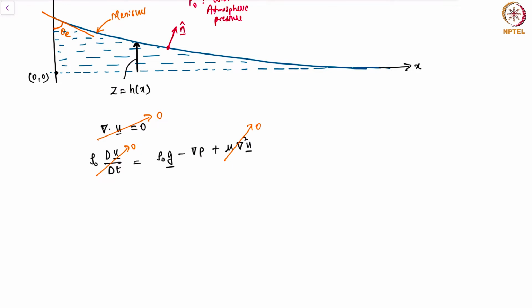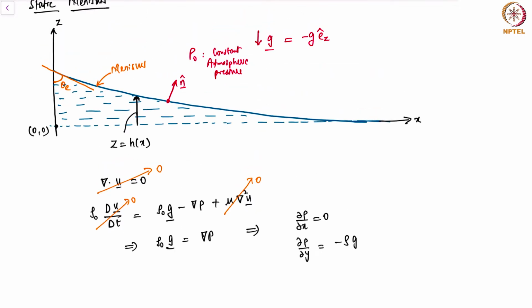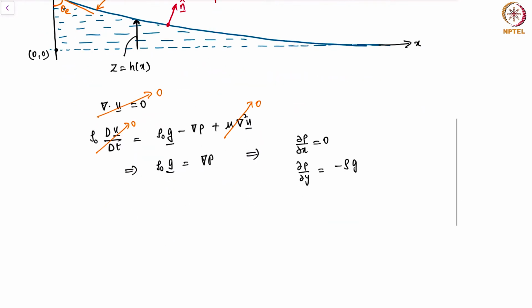And therefore what we end up having is rho naught times g bar is nothing but grad p, and this reduces to two equations in two dimensions. Del p by del x will be 0, and del p by del z will just be minus rho naught times g, because remember my gravity vector g bar is minus g times Ez, because my z is pointing upwards and gravity is pointing downwards.